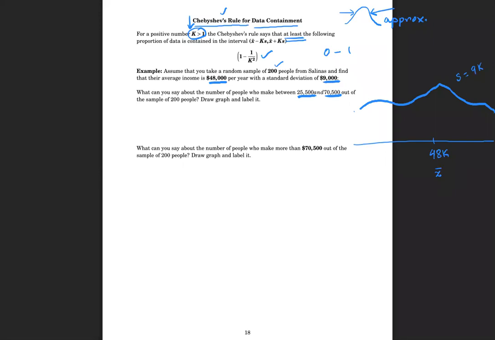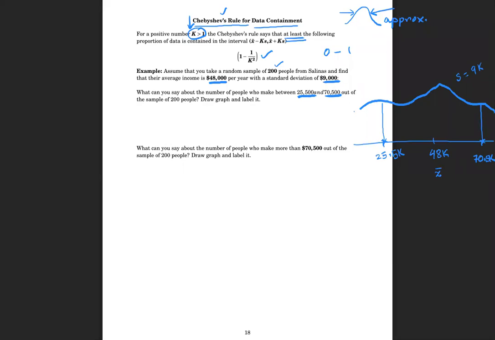We are trying to find what you can say about the number of people who make between 25.5K and 70.5K. What can you say about the data containment between these two points? Since we do not know that it is bell-shaped, we have to use Chebyshev's rule.